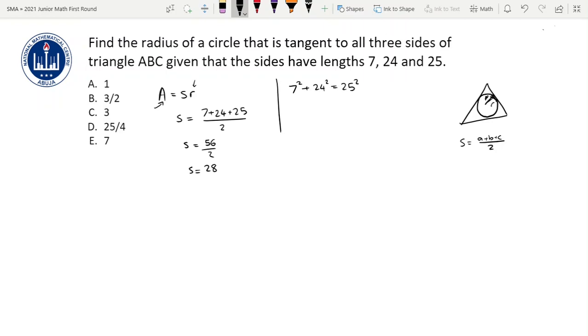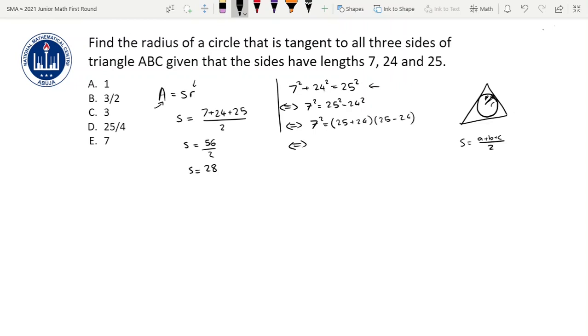Let me just go ahead and call it a proof for this. I'll rearrange things a bit here to show that this is true. If you move 24 squared to the other side, you have 7 squared equal to 25 squared minus 24 squared. And this means that 7 squared will be, when you use the difference of two squares here, 25 plus 24 times 25 minus 24.